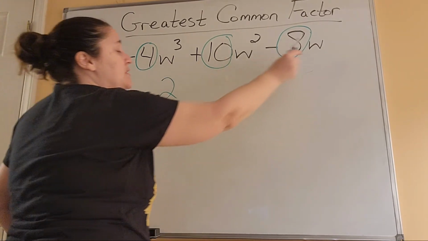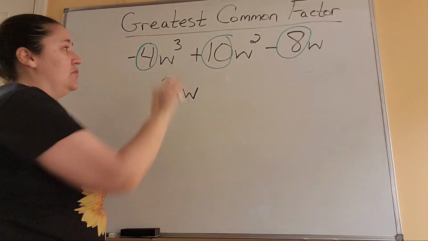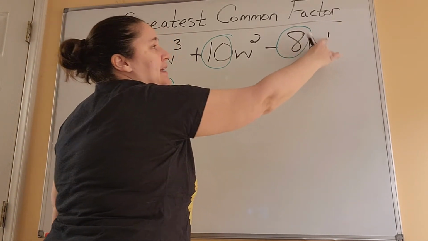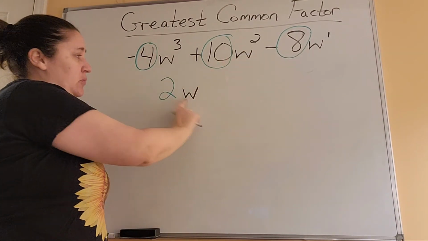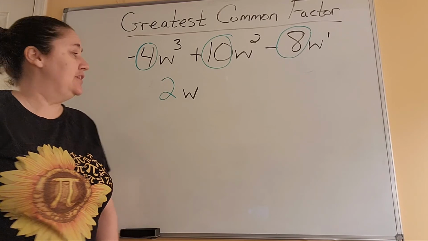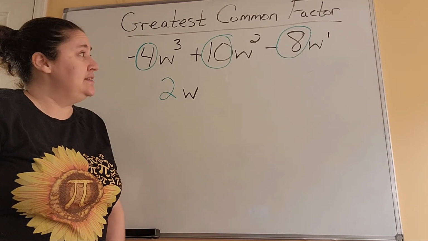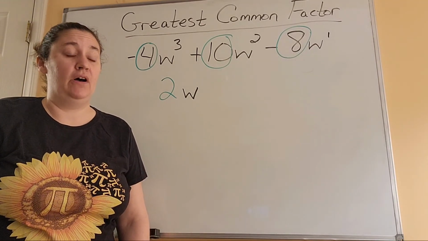Each of these terms has 1 w. You take the variable that has the smallest exponent. That has an invisible 1 as the exponent. So you write that variable in your answer. The answer is 2w. So this is how to do greatest common factor when there are variables involved.